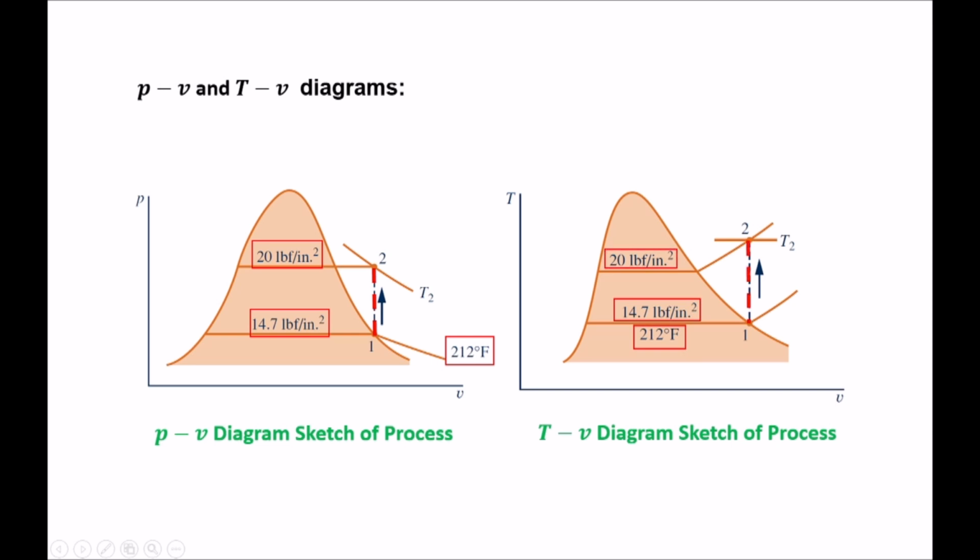State 2 is at the given pressure P sub 2 in the superheated region to the right of the vapor dome, and the process from 1 to 2 is along a constant volume line. While not explicitly requested in the problem statement, it is always a good practice to represent the process on appropriate thermodynamic diagrams to guide our analysis.